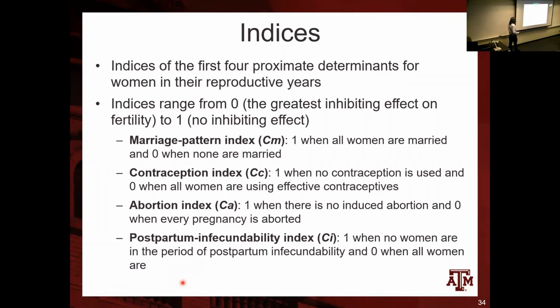Postpartum fecundability index, 1 when no women are in the period of postpartum fecundability, right after having given birth. When no women are in that period, there is no inhibiting effect, so fertility goes up. And when all women are in the period right after giving birth, that's the greatest inhibiting effect on fertility, then fertility goes down.